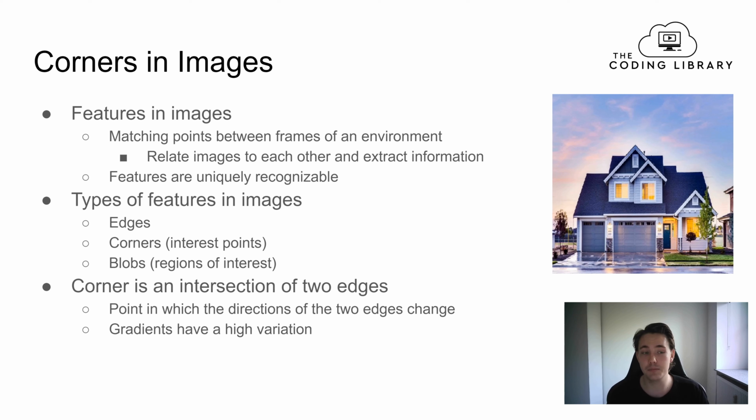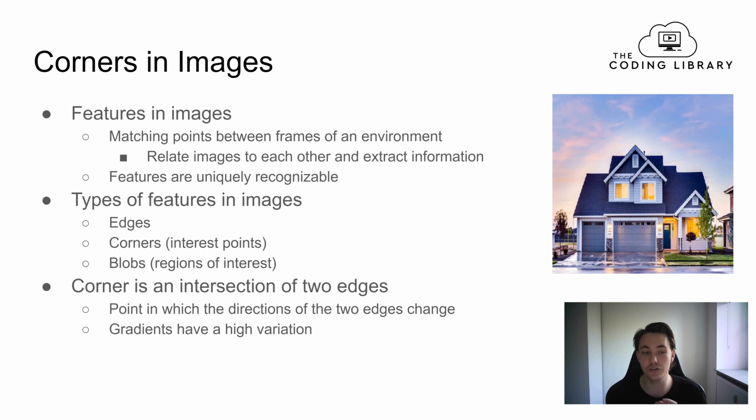When we find corners in images, we can find matching points between frames of an environment. If we have multiple frames, we can find matching points from those frames, relate those images to each other, and extract information from that. If we want to recognize or detect an object from one image to the other and relate the two, we can use corner detection methods and algorithms to detect the corners, match those points together, and find the relationship between the two frames.